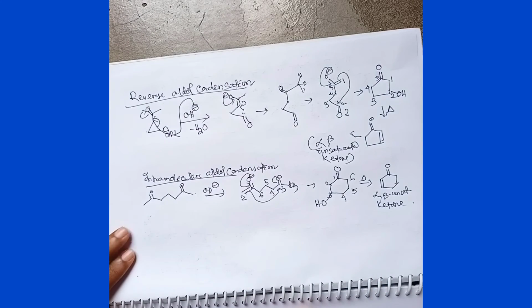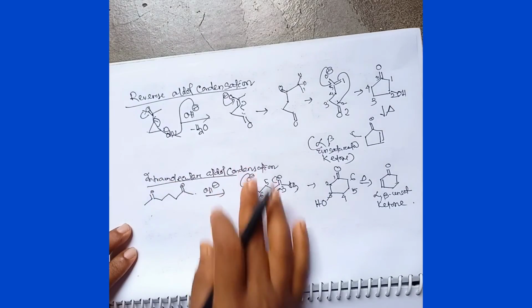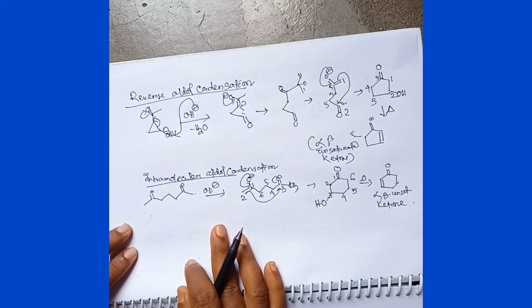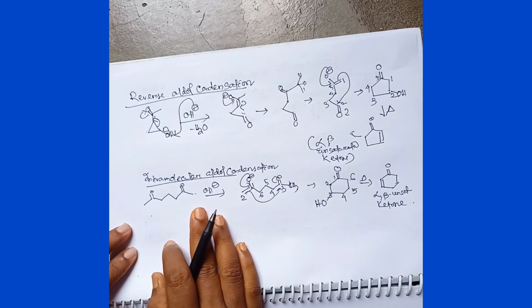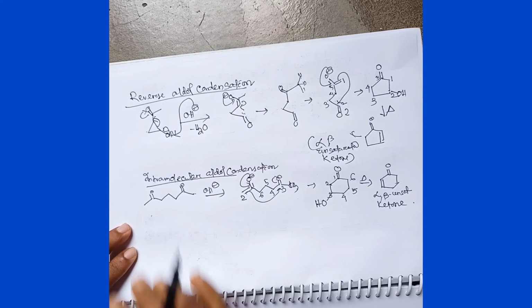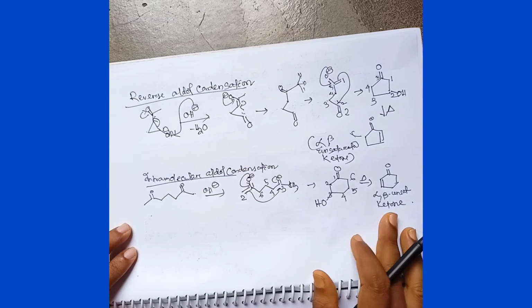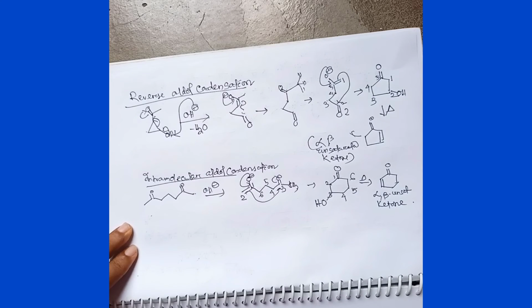So what we come to know is that in intramolecular aldol condensation, the abstraction of alpha hydrogen takes place from the less hindered position, forming the 5 membered or 6 membered ring, because these are usually more stable.